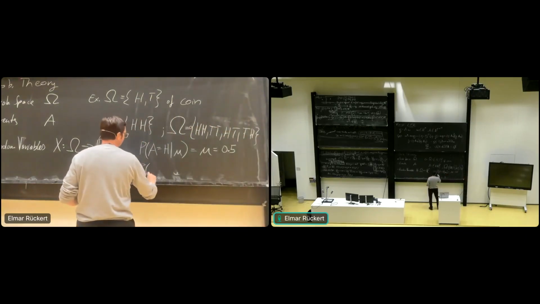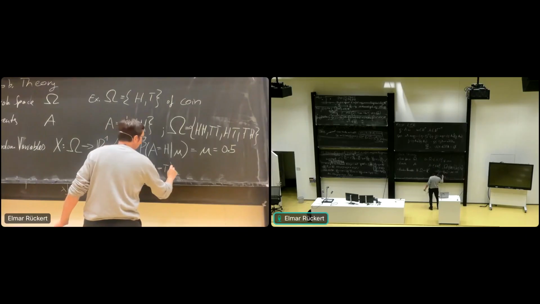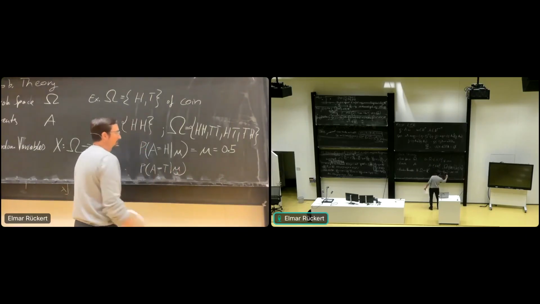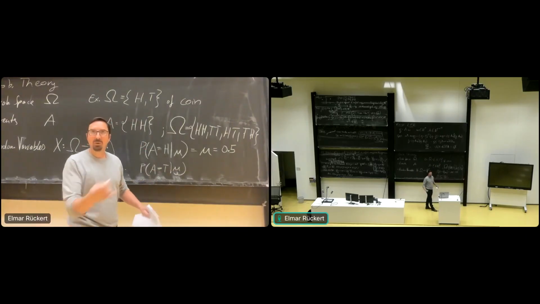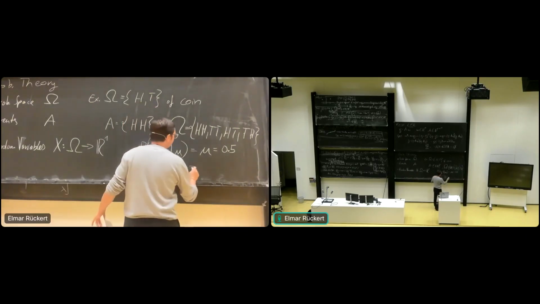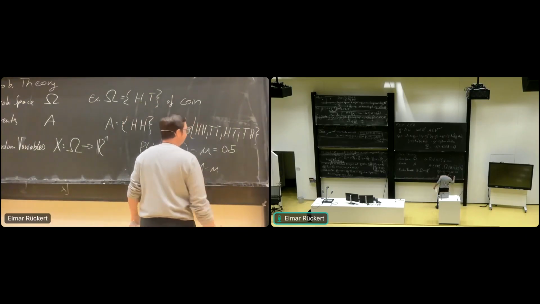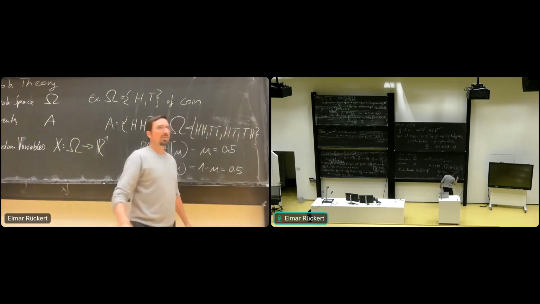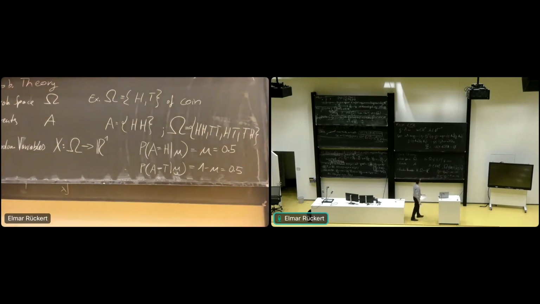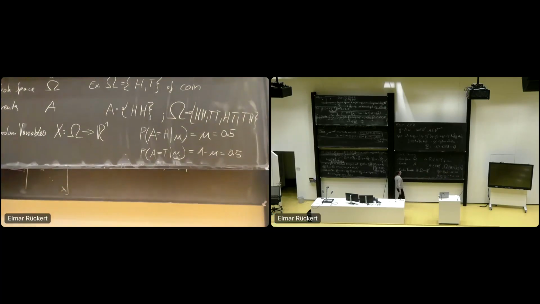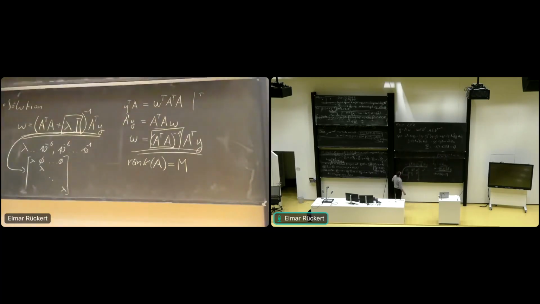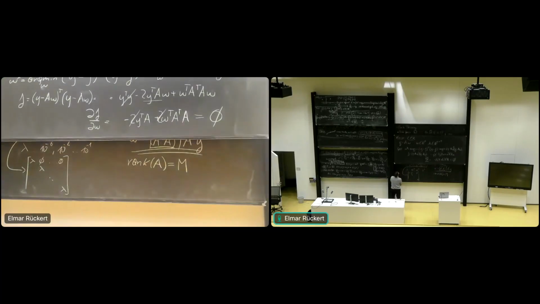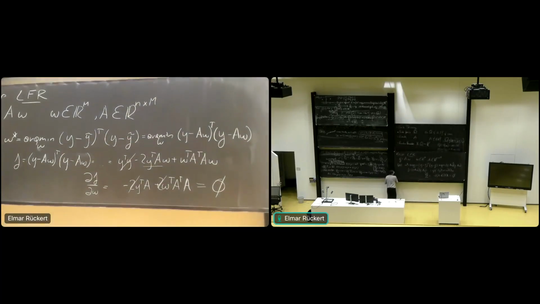And same for the probability that we observe tails, given this mu, the mean of our coin flip experiment, is given by 1 minus mu. This is for a fair coin also 0.5. Now, if we have these two probabilities, we can define a discrete distribution. And why is that important for us? Well, distributions are our probabilistic models.